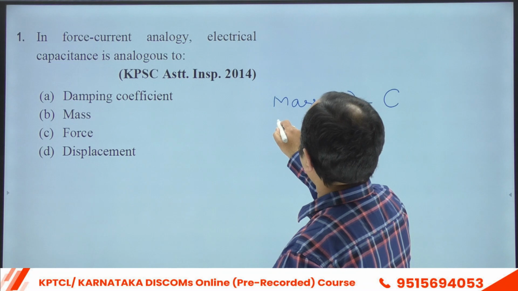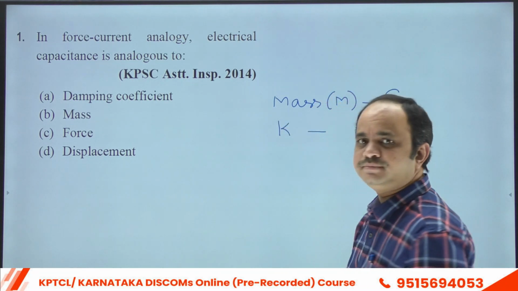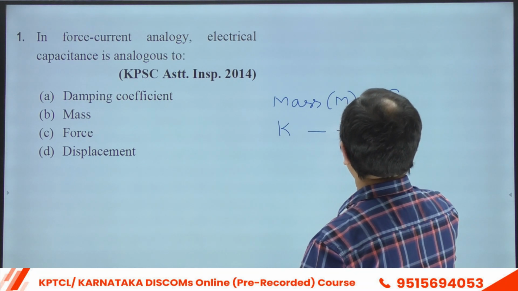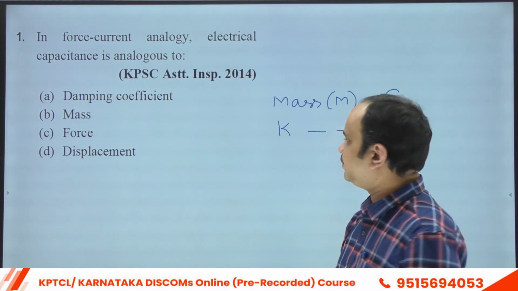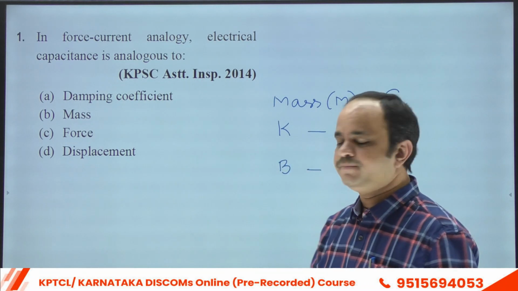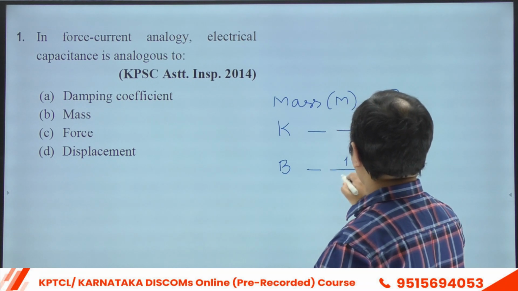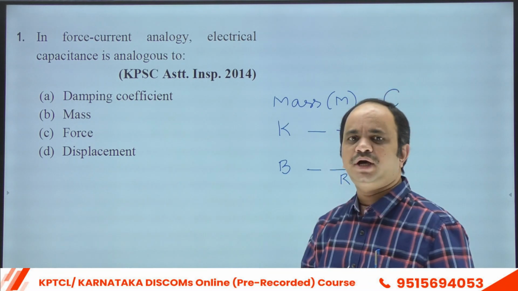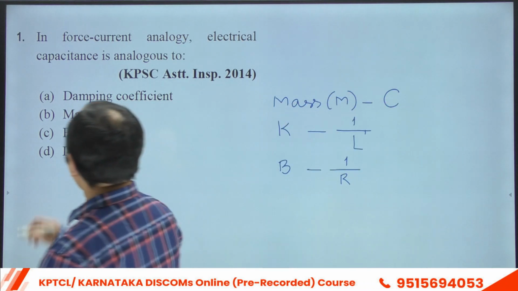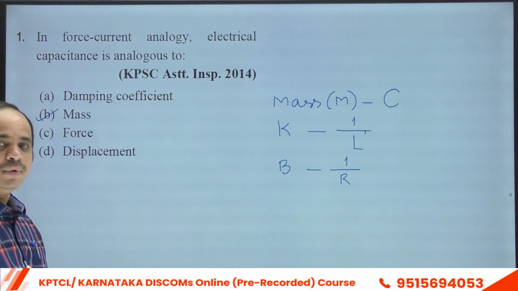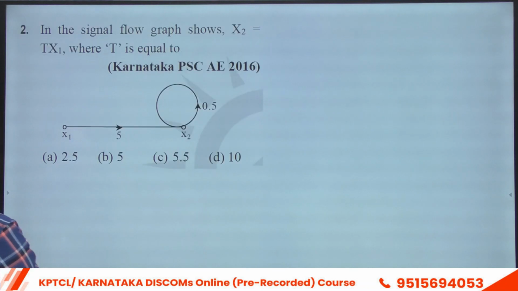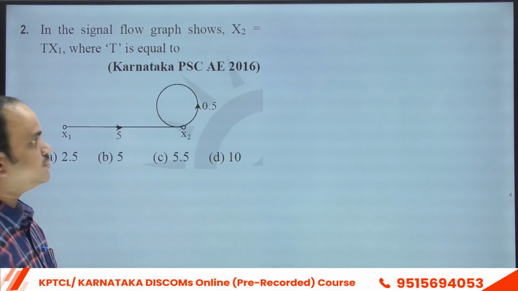Next, spring constant K is analogous to the reciprocal of inductance. Next, viscous friction B is analogous to reciprocal of resistance. Therefore, for this question, the correct answer is mass. Capacitance is analogous to mass. Now, let us move to the next question.